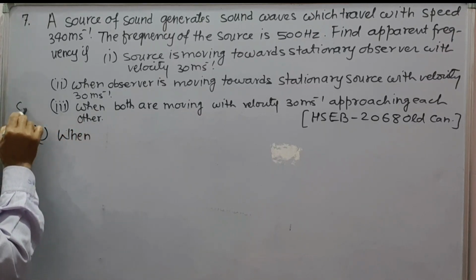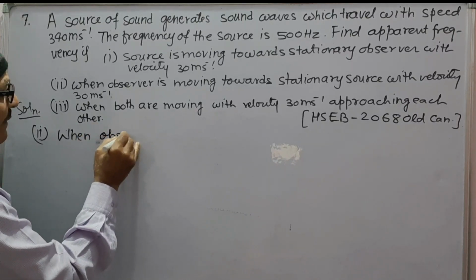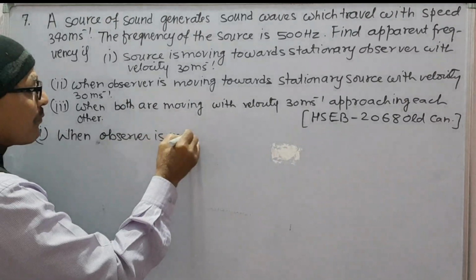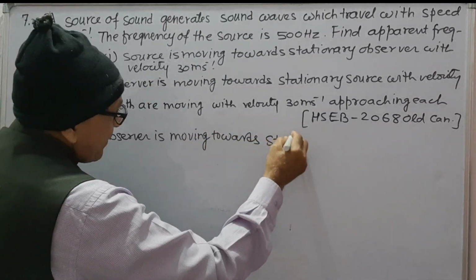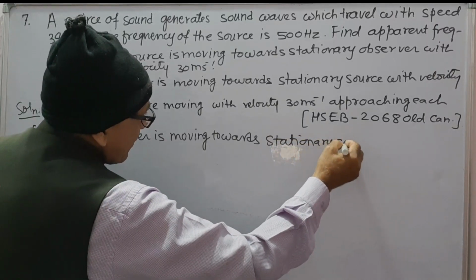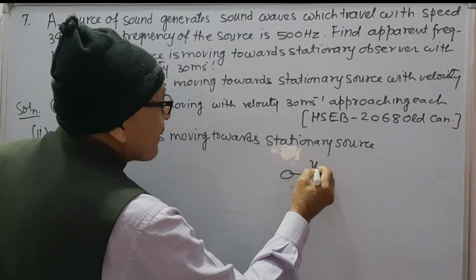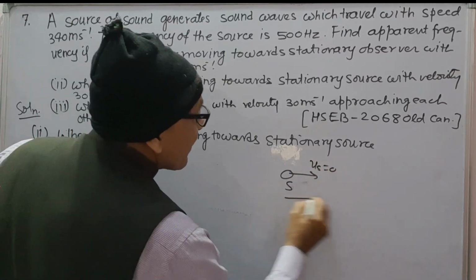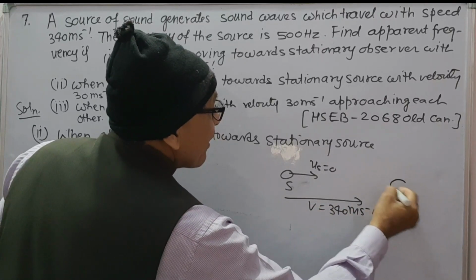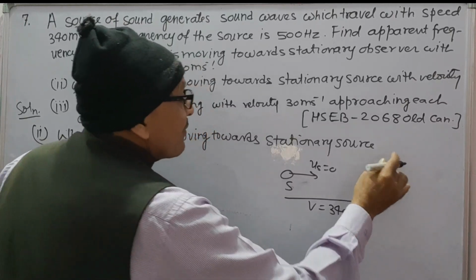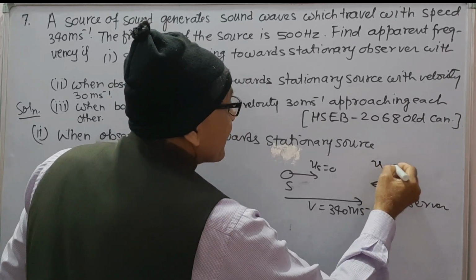Now in case 2, when observer is moving towards a stationary source, that is, source is stationary, this is source, velocity of sound will be towards this, and observer is moving, this is observer, with velocity 30 meter per second.